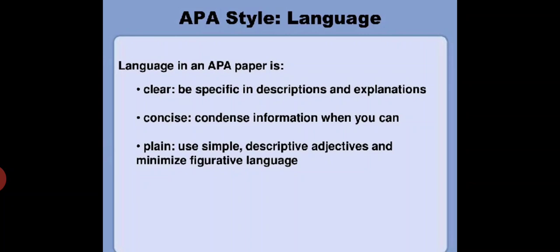Do not use such kind of language which is ambiguous or which has double meanings. When we say use concise language, that means condense information when you can. It means try to give information in the fewest possible words.